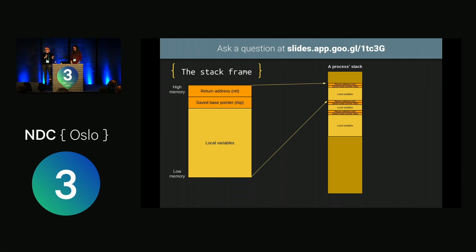because each process has their own stack. So this program has its own stack, another program has another one. So if 2 processes try to access the same memory address, they will access different data. If the main function would call another function, we would have a new stack frame underneath, because this is like a LIFO structure, last in, first out.